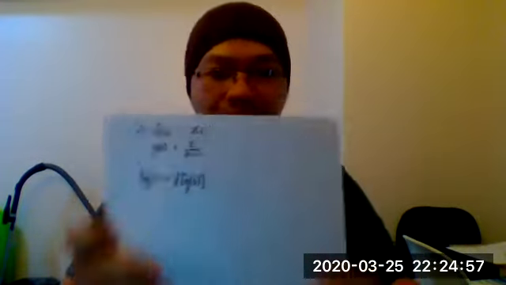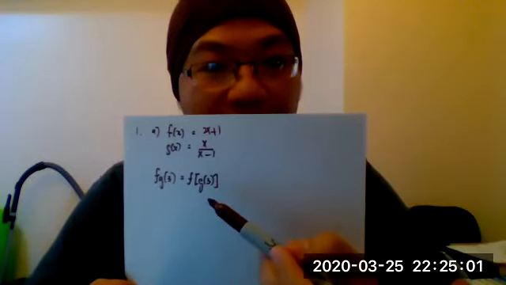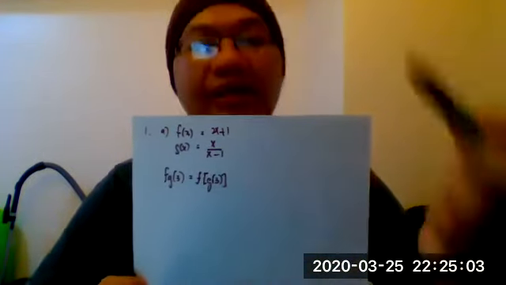So, first step. Split the function. Next step. You need to substitute 3 into the function g. The function g is given as x over x minus 1, so all the x you replace with 3.